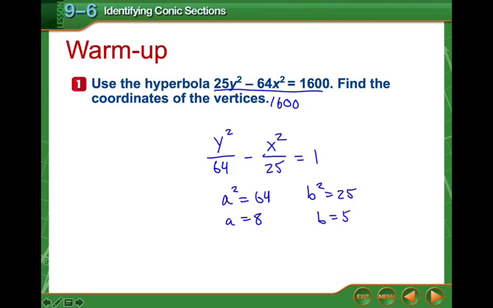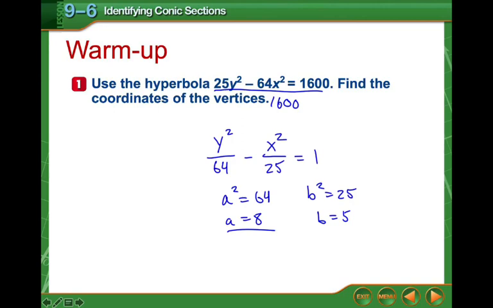The b part doesn't really matter to us too much. We really want to focus on what a is here. We're going to use that to find the vertices, but we need to know that it's vertical because it's y squared first. And that means we're going to add the a value to whatever k is for our center.